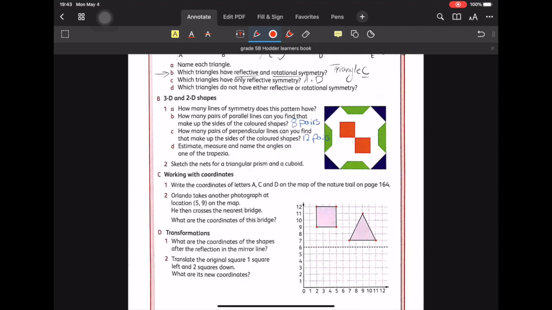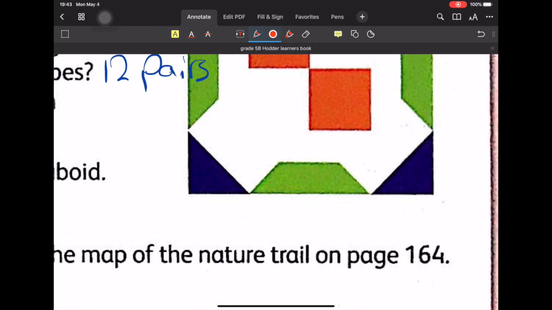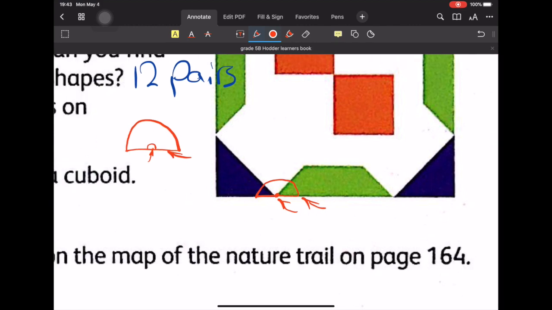Imagine my protractor is something like this with the center. You put the center in the corner of the vertex, as I told you before. So the center is going to be here, and this line is going to be aligned with this line. It's going to look something like this, right?